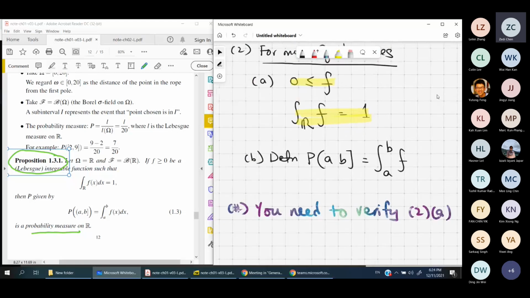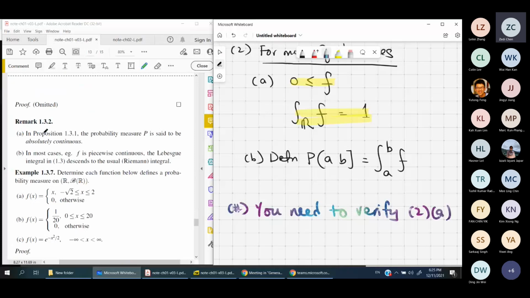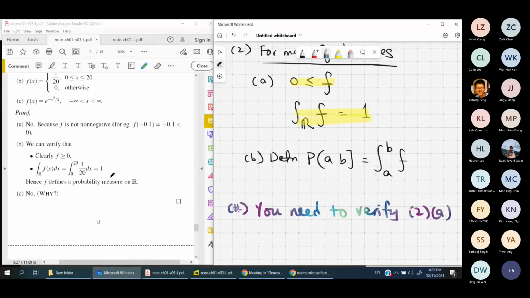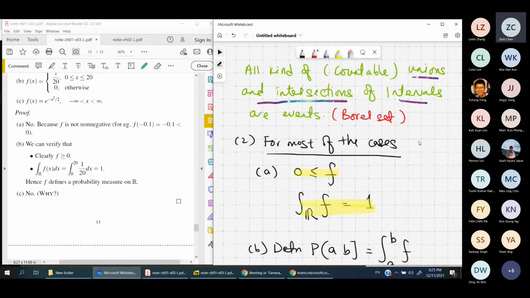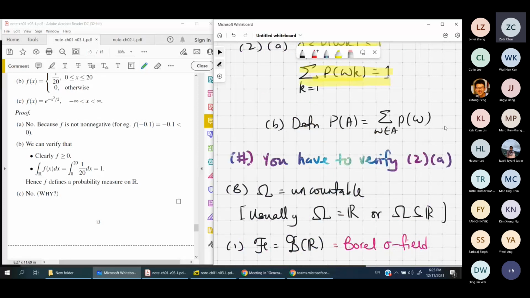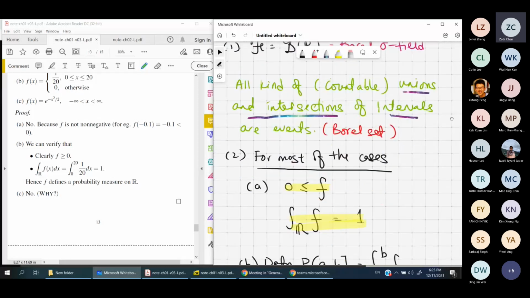You have to ensure the chosen function f is non-negative, and if you integrate it over R, you get value 1. We have gone through several examples already. These are the very basic things that we have discussed regarding this chapter 1.